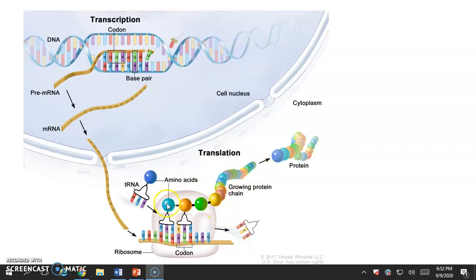And then once the ribosome notices that the stop codon is reached, it will stop, and then it'll release that messenger RNA, and it'll also release all those amino acids that are linked together, that growing protein chain or polypeptide chain.